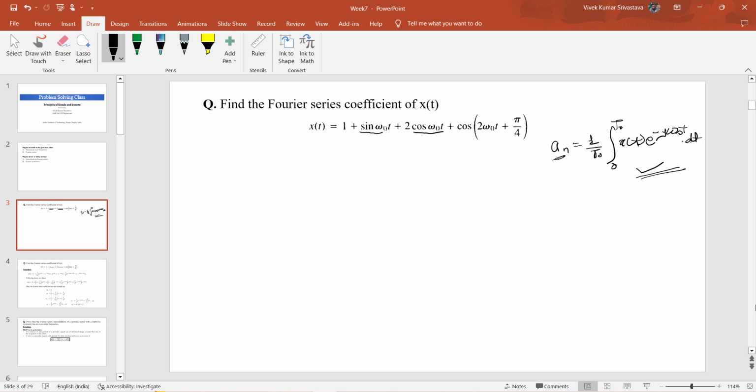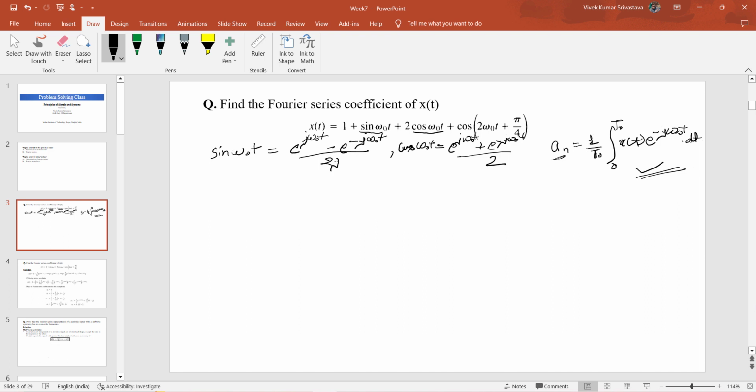For evaluating the Fourier series coefficients in this method, we will use this: sine of omega naught t is equal to e raised to the power j omega naught t minus e raised to the power minus j omega naught t over 2j, and cos of omega naught t is equal to e raised to the power j omega naught t plus e raised to the power minus j omega naught t by 2.